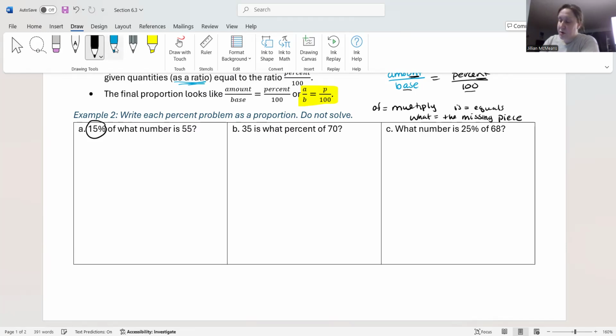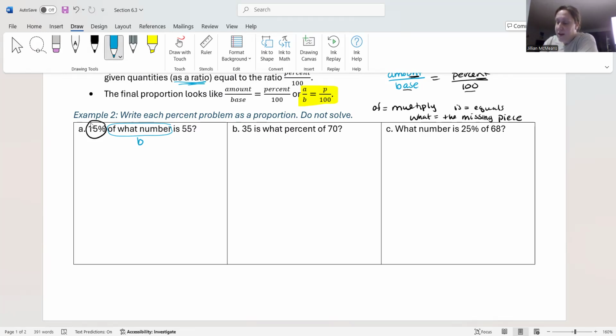Let's figure out our amount and our base. We take the percent and apply it, which means multiply it by the base. So 15% of, that means multiplied by, some unknown number, is going to be 55. This unknown value is my base.